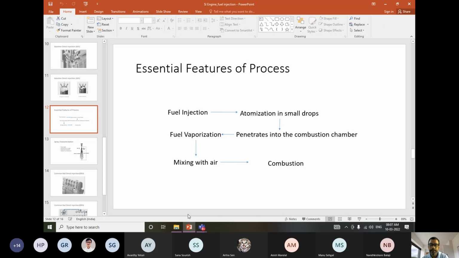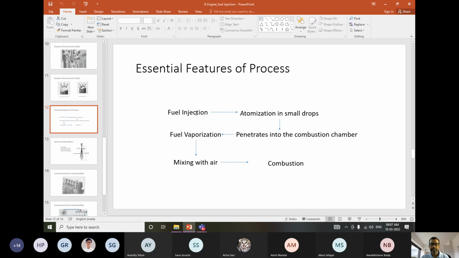Before starting off with the hardware that is used in the CI engine, we first discussed what happens once the fuel comes out from the injector, and before it goes to combustion, what the different physical or essential processes are. First, the fuel is injected at very high pressure through the small orifice of the fuel injector.